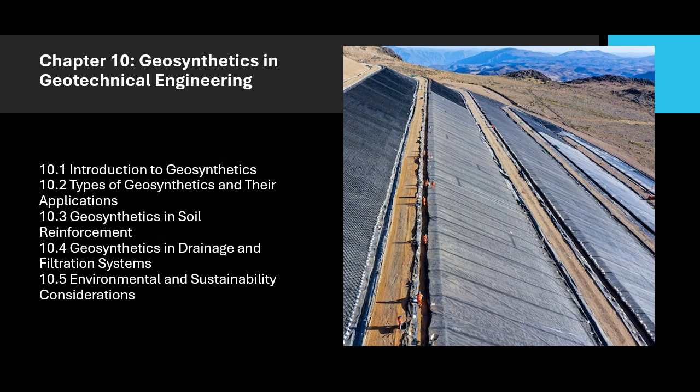Geotextiles. Description. Geotextiles are woven or non-woven fabrics made from synthetic polymers such as polypropylene and polyester. These fabrics can be used to reinforce soils by improving their drainage and filtration properties, as well as providing tensile strength.